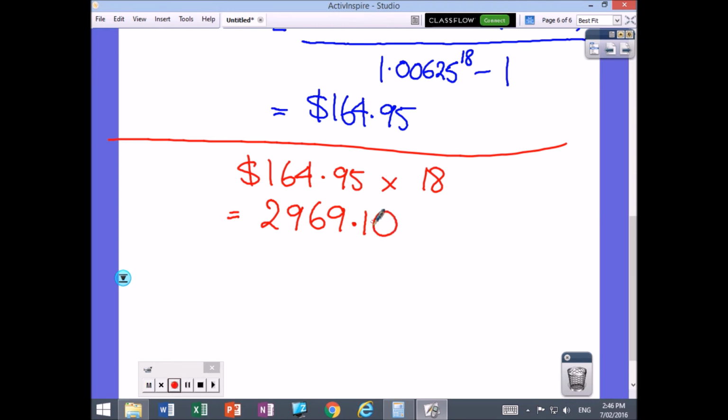That's how much they paid, but how much did they pay off the loan? 2,800. So we can pretty easily work out how much interest has been paid by the difference between. We started with 2,800, we paid 2969.10, so therefore the amount of interest paid in this loan situation is this.